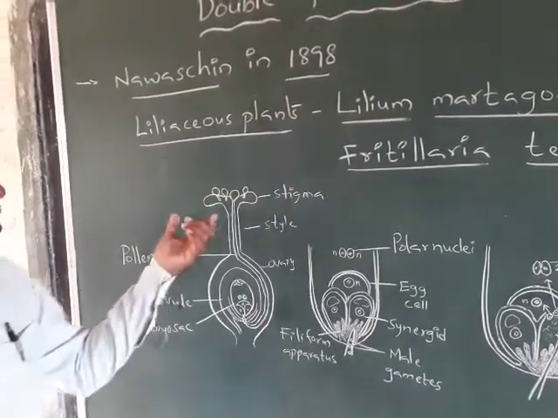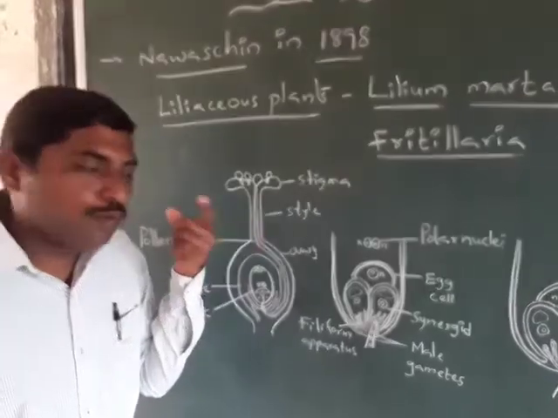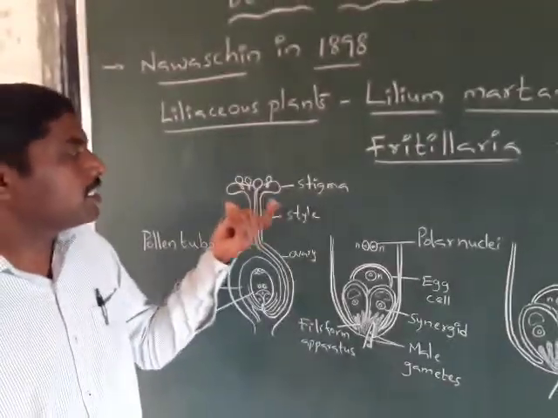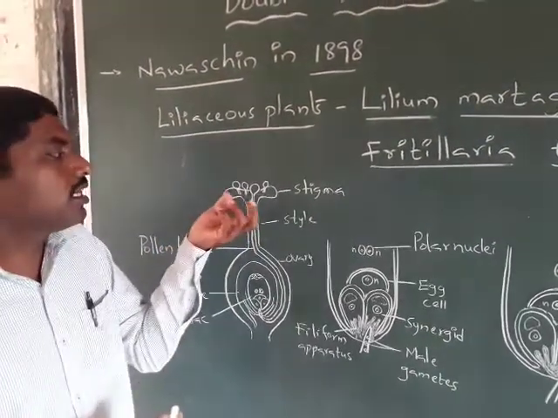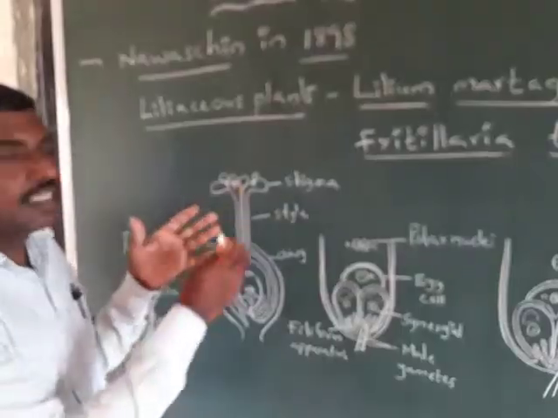Here the pollen grains are the compatible pollen grains. They fall on the stigma and germinate by absorbing the mucus layer present on the stigma.